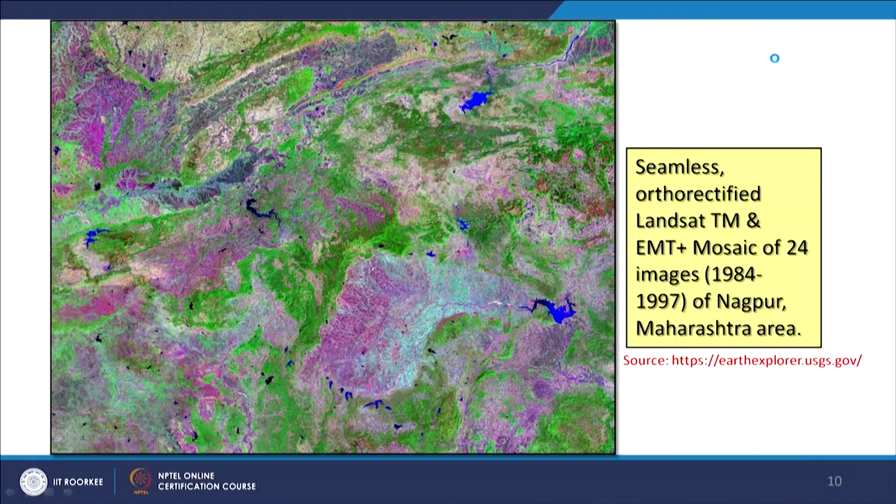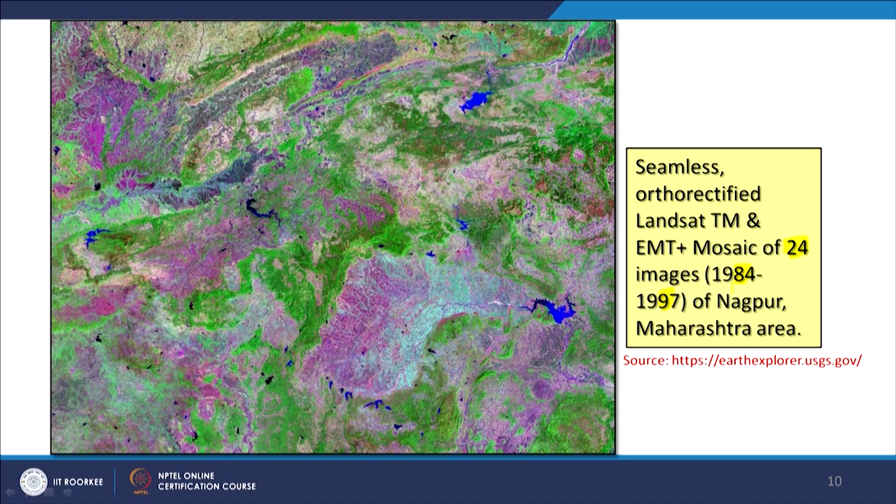One of the best examples of a seamless mosaic and orthorectified image available for the globe is this one, in which 24 images from between 1984 and 1997 of central India around Nagpur have been mosaiced. So see the time difference: it is about 13 years.